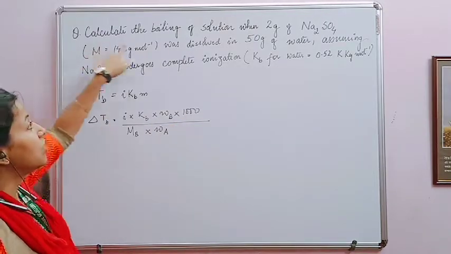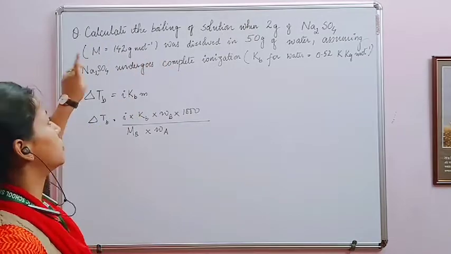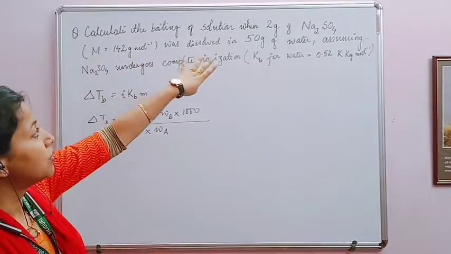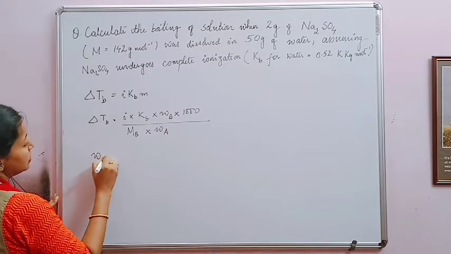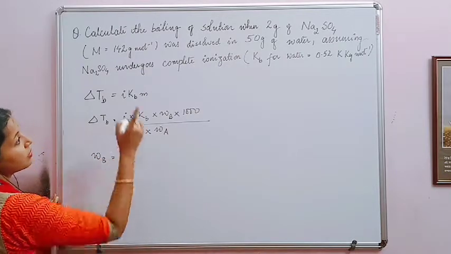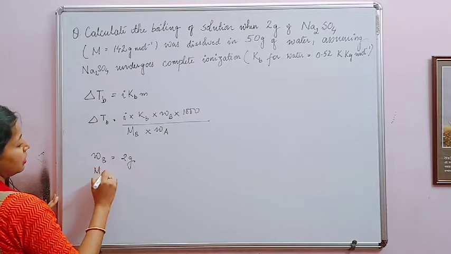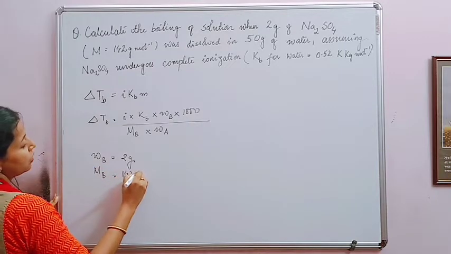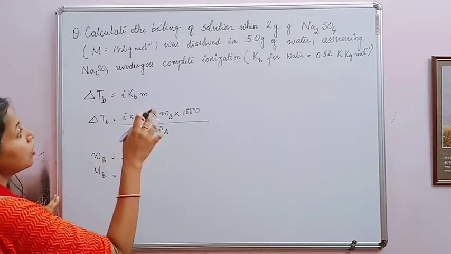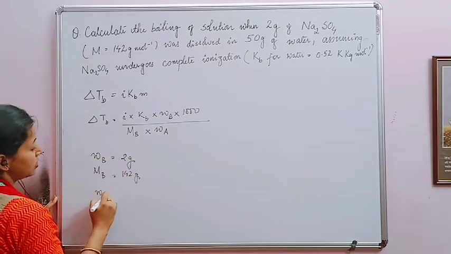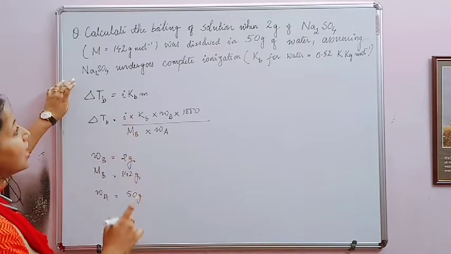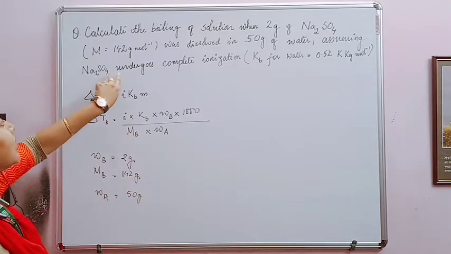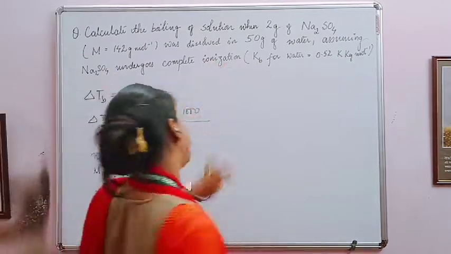Now, let's find out what is given in the question. Calculate the boiling point of the solution when 2 gram of sodium sulfate, that is Wb is 2 grams. Molar mass of sodium sulfate, Mb, is 142 grams, was dissolved in 50 gram of water, Wa is 50 grams, assuming that sodium sulfate undergoes complete ionization.